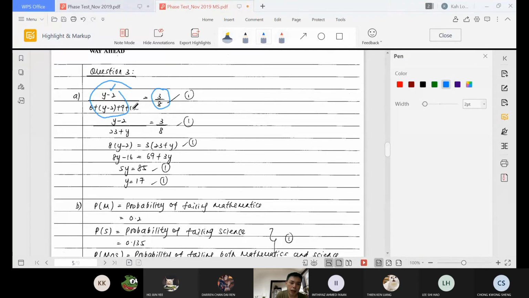So n(B) over n(S). You solve the equation, then you get Y is 17. If you are clear, raise up your hand.